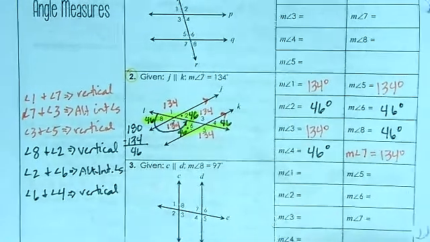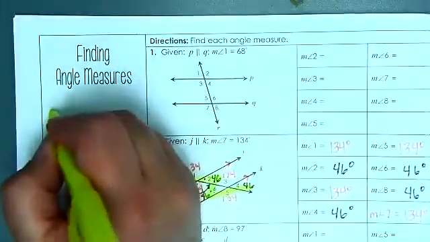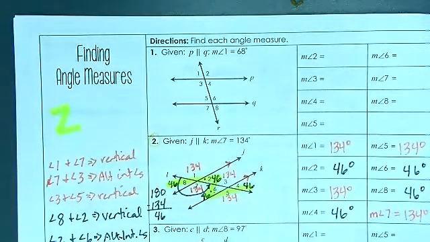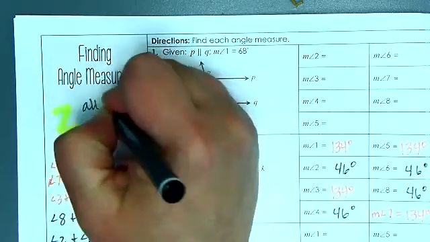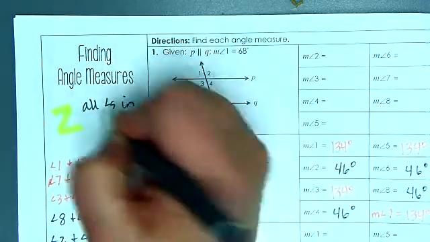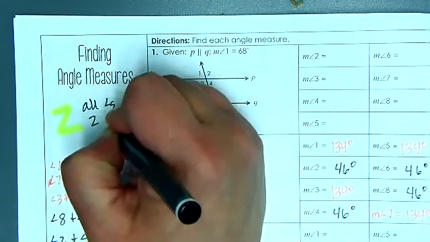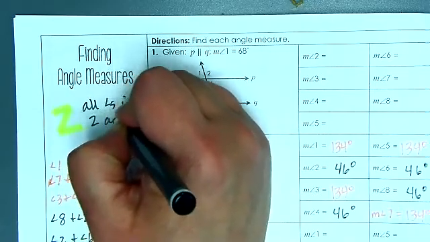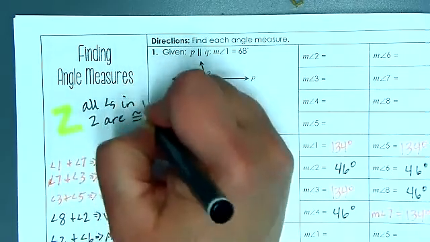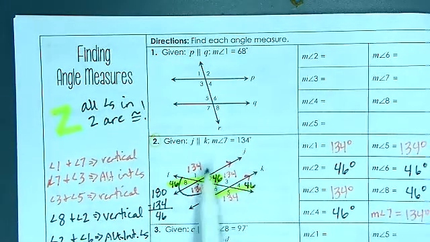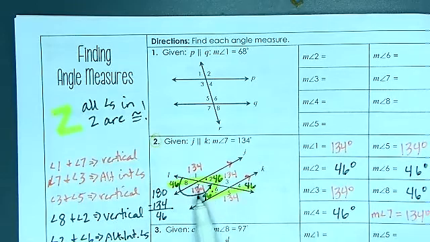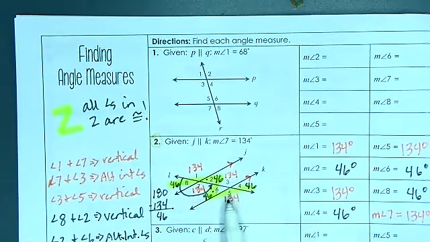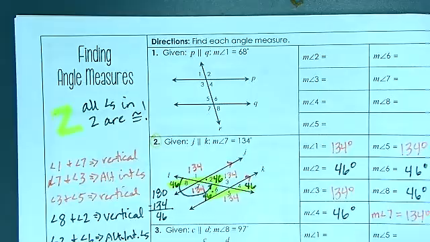When it makes the zigzag, all angles in the zigzag, in the Z, are congruent. Notice that 46, 46, 46, 46, 134, 134, 134, 134. That's just a little trick to help you to remember.